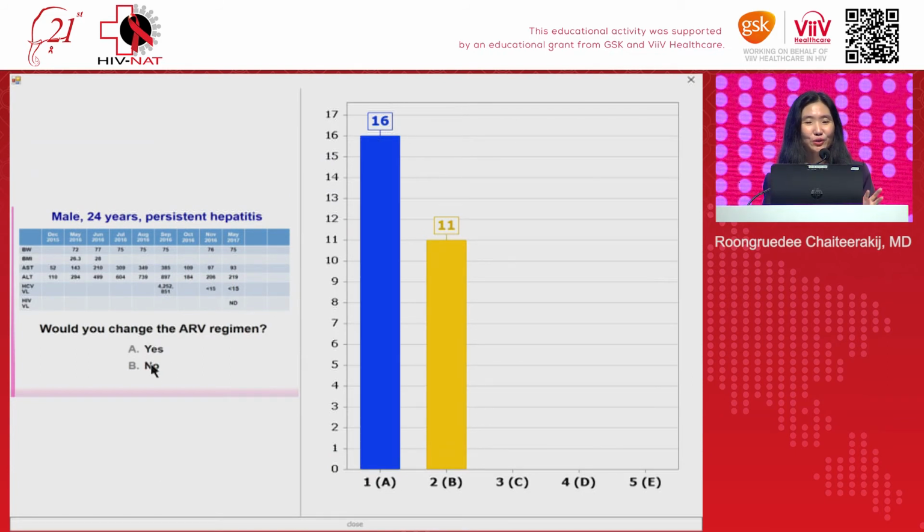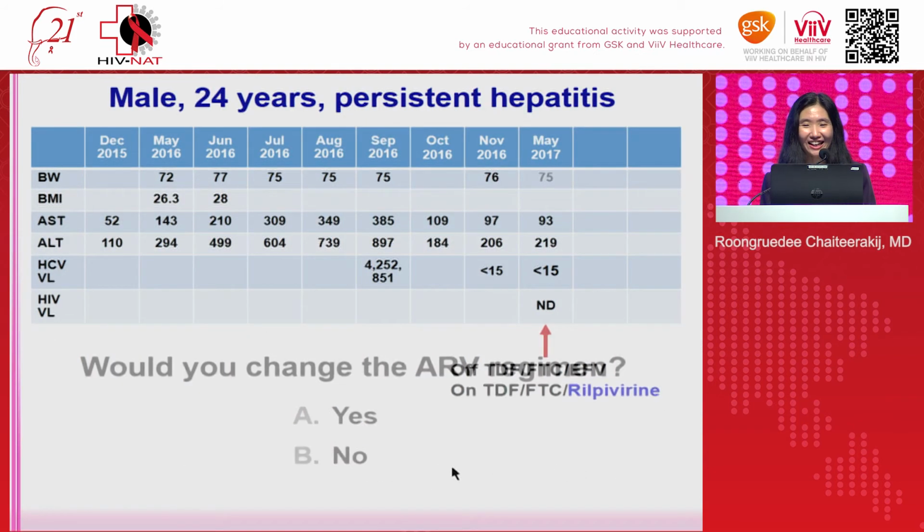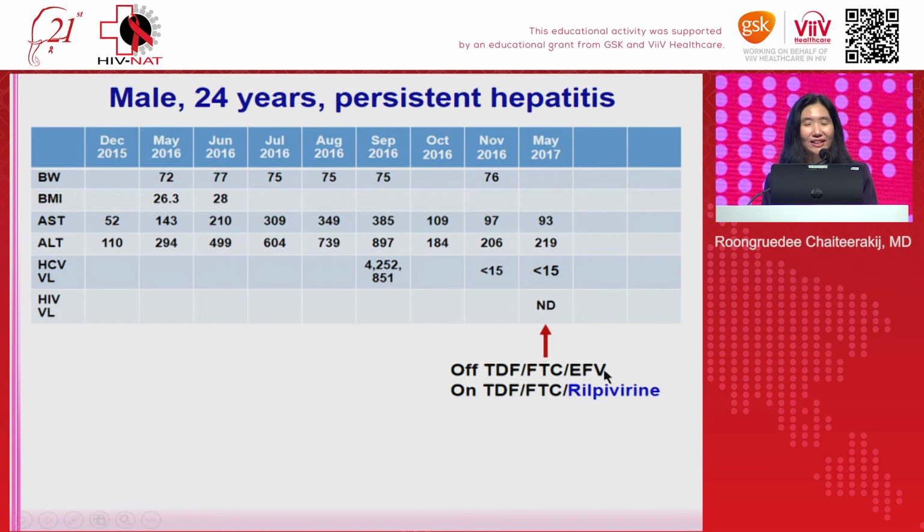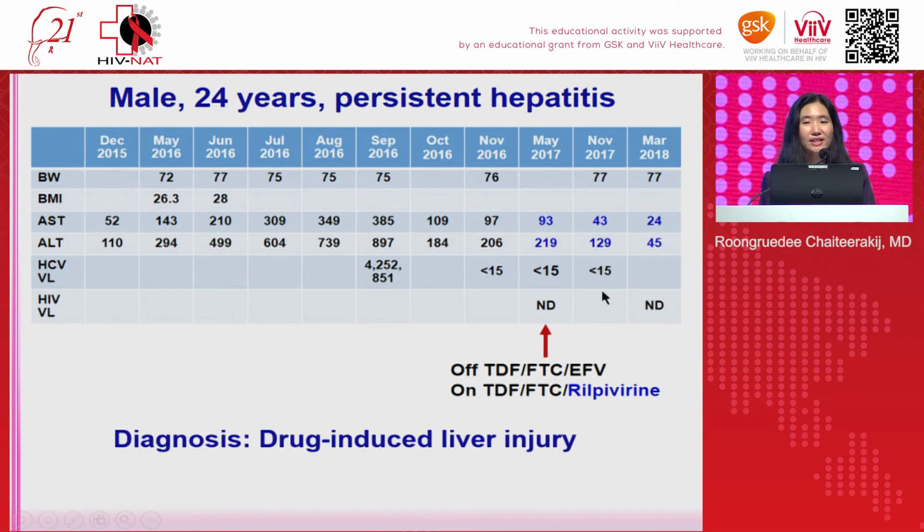Some of you said that you would change the regimen, and some of you said that you wouldn't change it, just ignore the hepatitis. At that time, we decided to switch efavirenz to lopinavir. And the ALT went down from 200 to 100 and then again to 45. So the diagnosis of the hepatitis at this point is drug-induced liver injury.